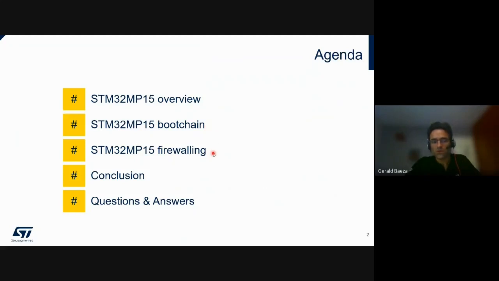After that, we will have a short parenthesis about what we call the firewalling, so the way we can isolate things on the platform between the secure and non-secure world. A short conclusion, and then it will be the right time to raise questions that will still be open after the presentation.